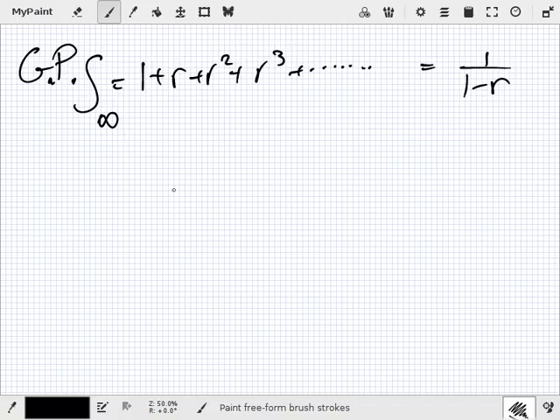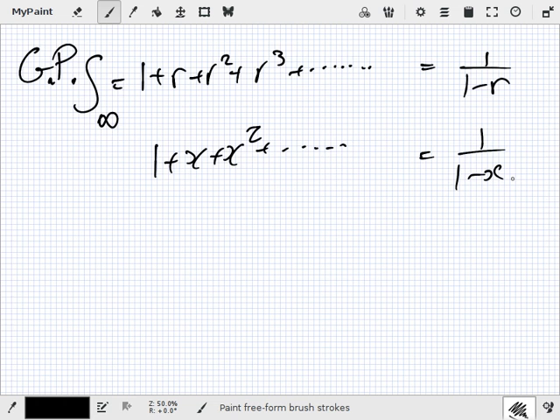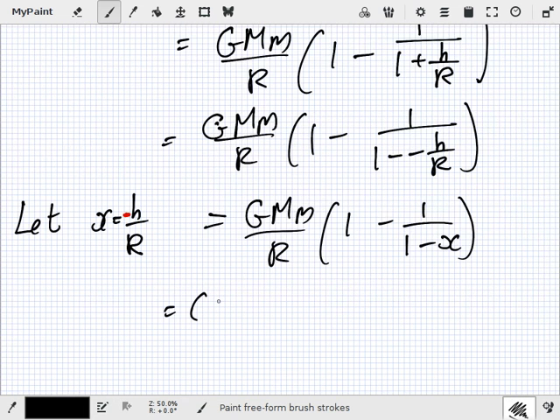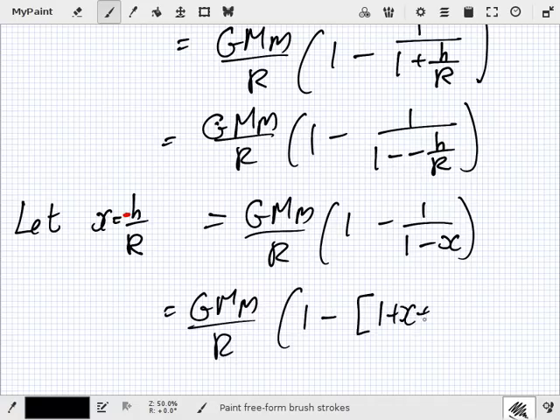So 1 plus x plus x squared equals 1 over 1 minus x. So here I can say this is GMm over R times (1 minus (1 plus x plus x squared and so on)).